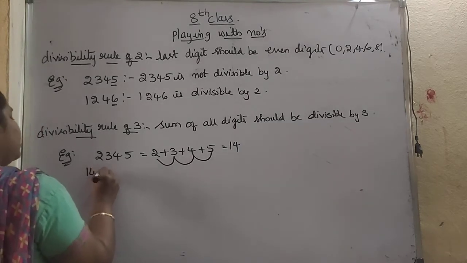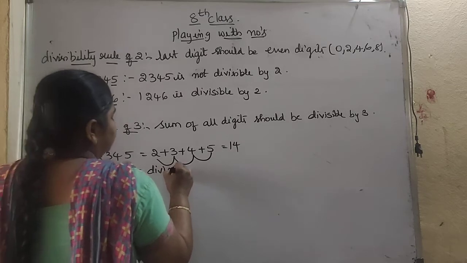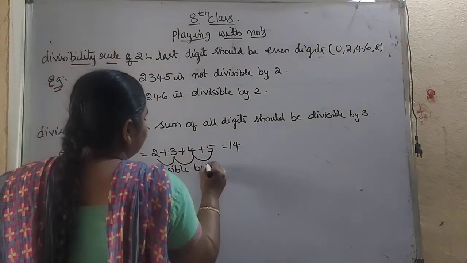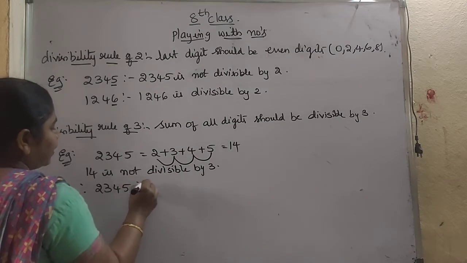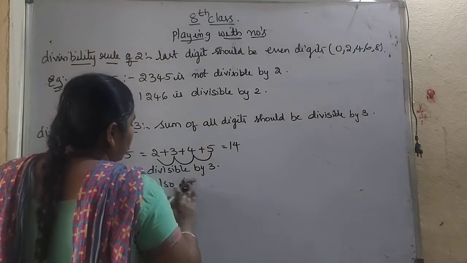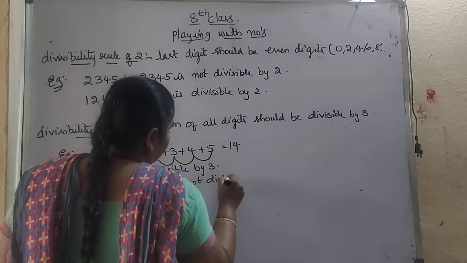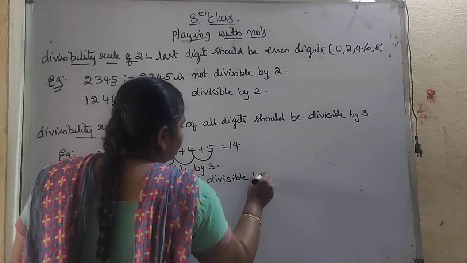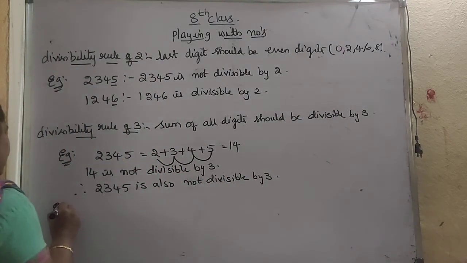So 14 is not divisible by 3. Therefore, you can say 2345 is also not divisible by 3.